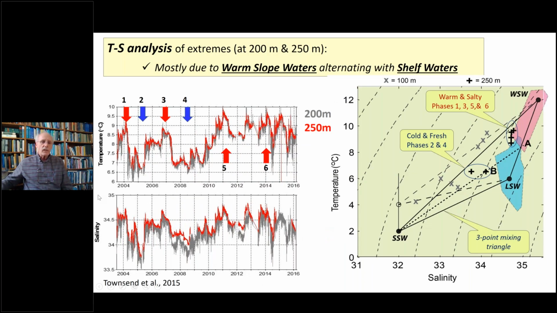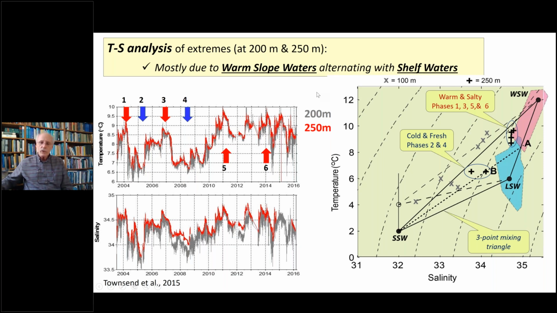So looking at what those different water masses might be, what the red, the warm and salty, and the cold and fresh might be, we've done a TS analysis without going into the details. What we determined by plotting these in TS space and using a 3-point mixing triangle, is that these alternations are mostly due to warm slope water alternating with periods of domination by shelf waters.